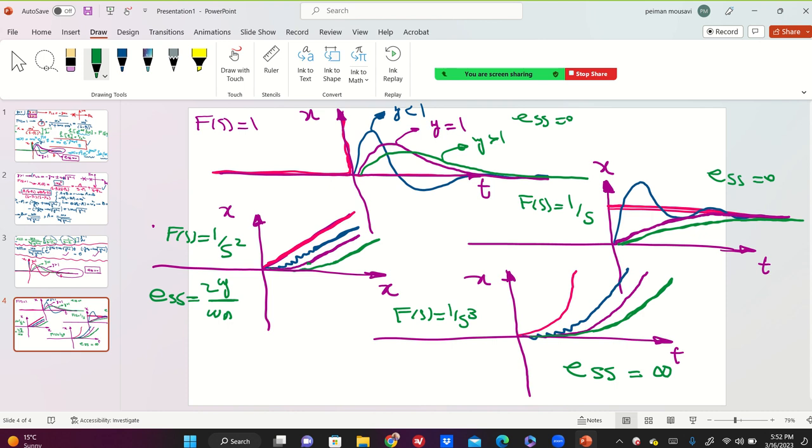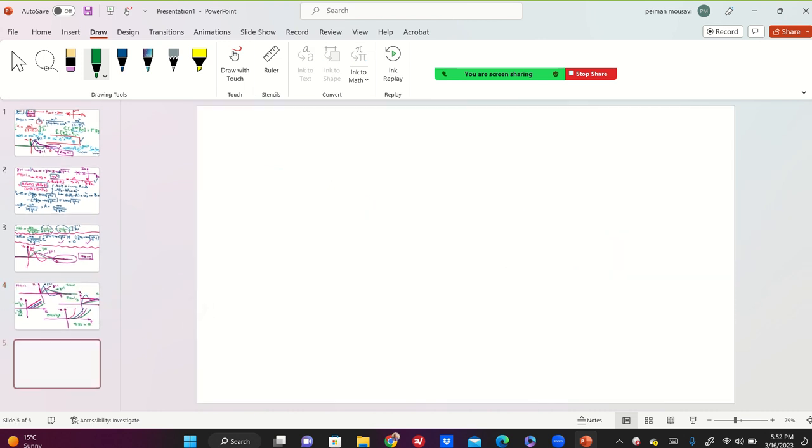Before going to Simulink and running this, I want to teach you more theoretical things here and then go to Simulink. These are for second order systems, any second order system.